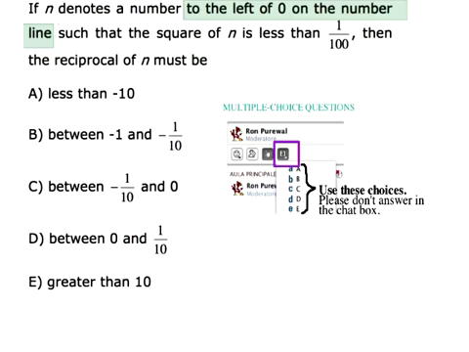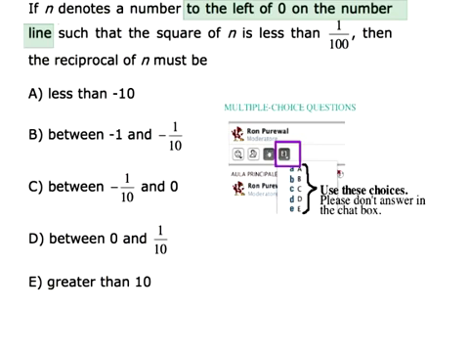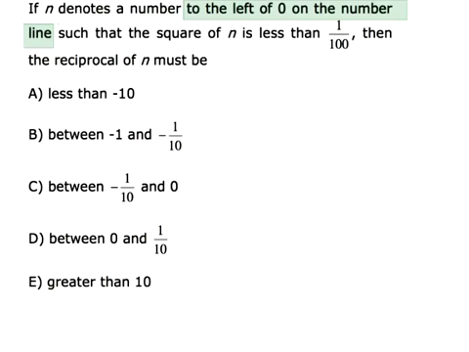So n is negative. And the square of it is less than 1/100. Cool. And then we just know they're asking us a question about the reciprocal.